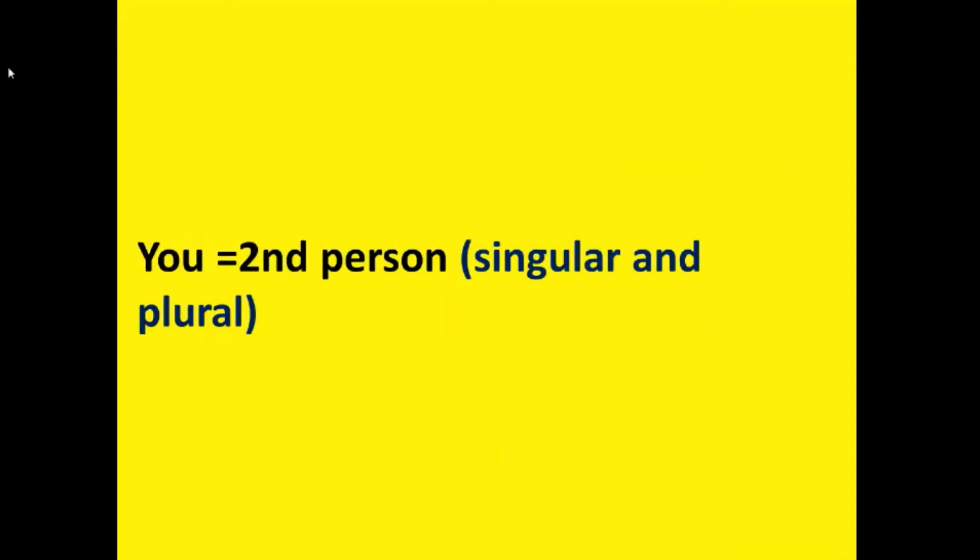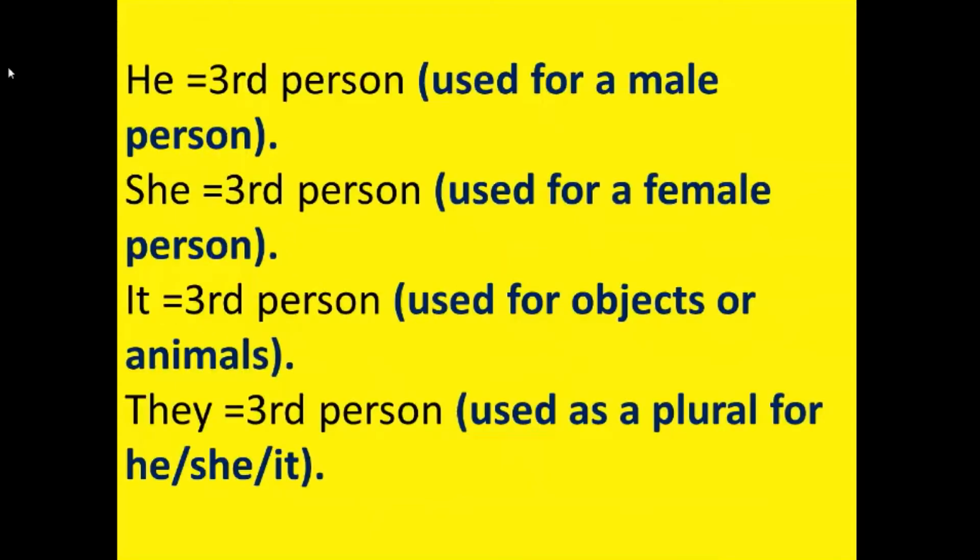You is used as a second person and can be used in the singular and plural form. Here we have the pronouns that are used as a third person category: he, she, it, and they.